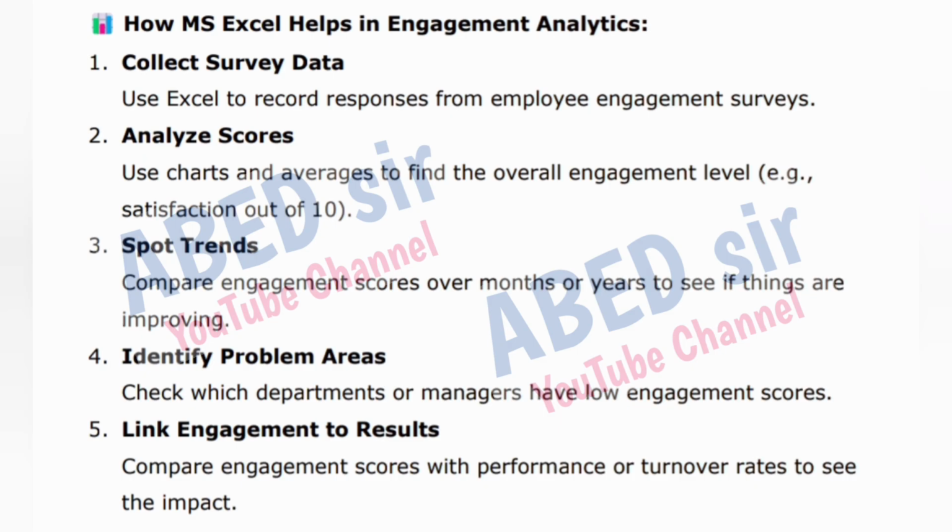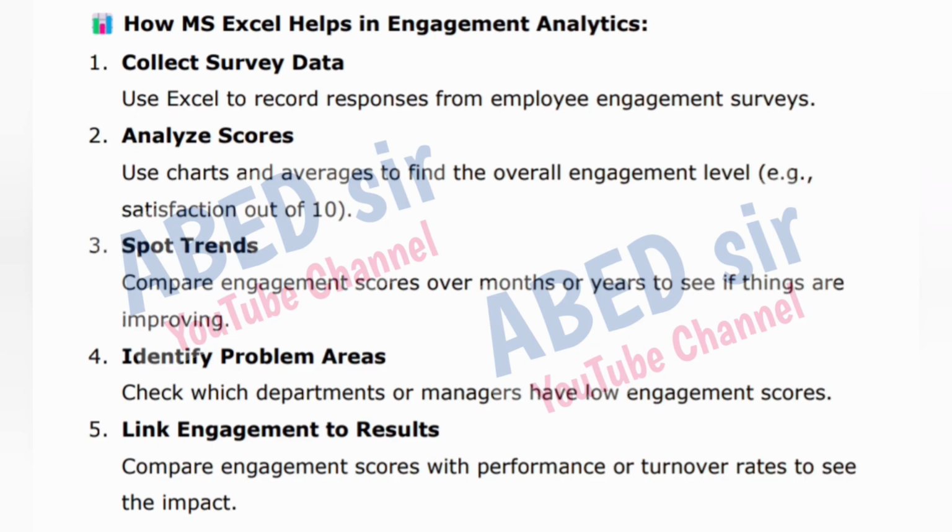How MS Excel helps in engagement analytics. 1. Collect survey data. Use Excel to record responses from employee engagement surveys. 2. Analyze scores. Use charts and averages to find the overall engagement level. Example: satisfaction out of 10. 3. Spot trends.